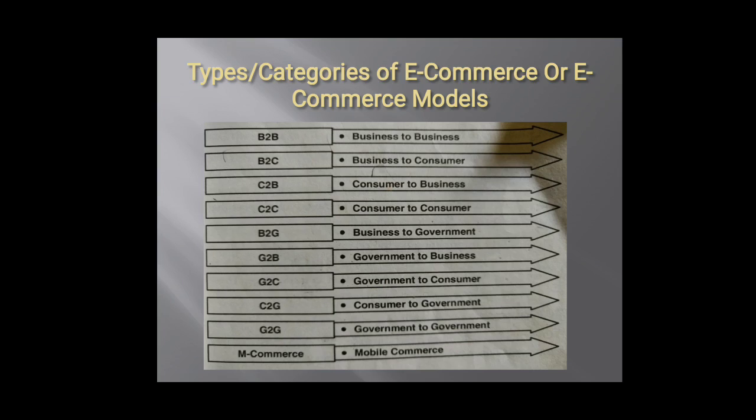When we say consumer to consumer, an interactive session or online real-time sessions of business can also happen here. Next is B2G, that is business to government. Business to government e-commerce is generally defined as commerce between companies and the public sector.